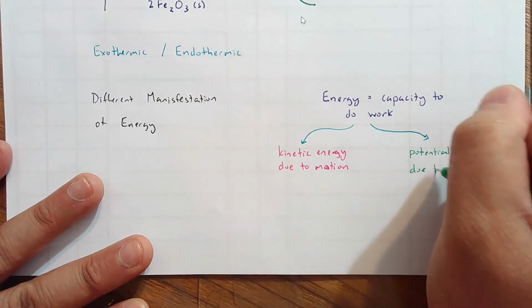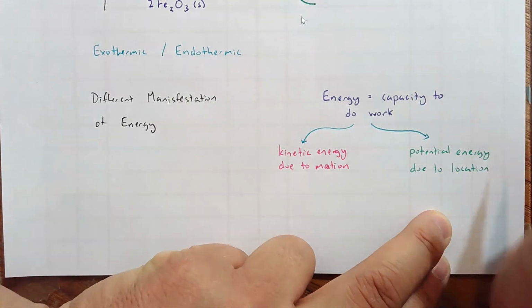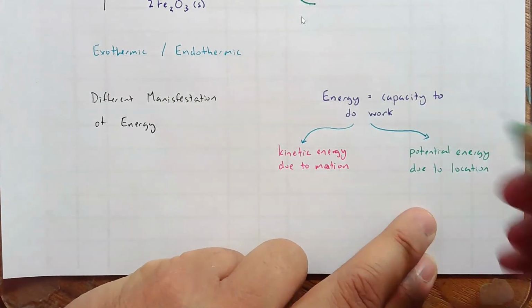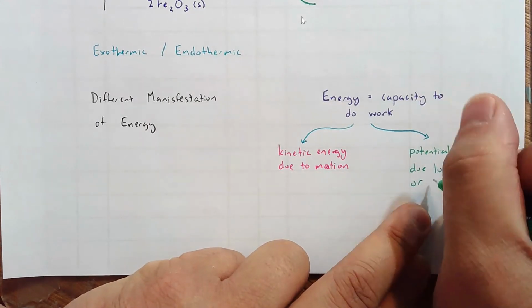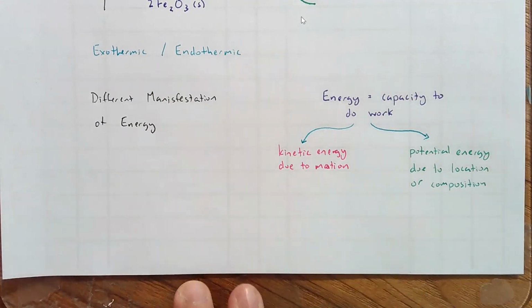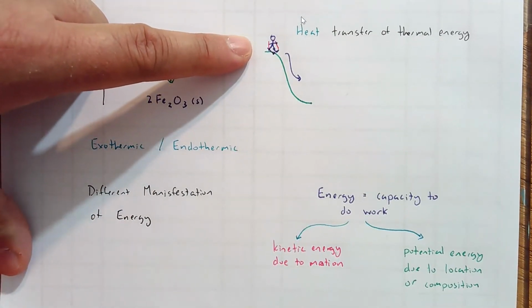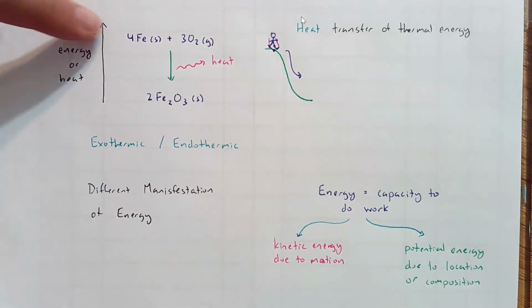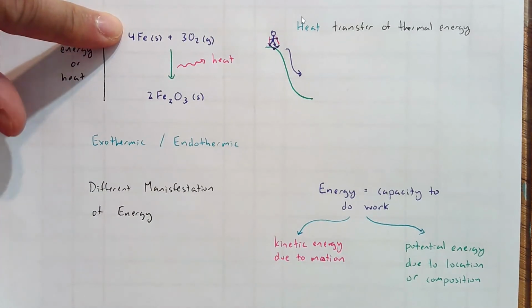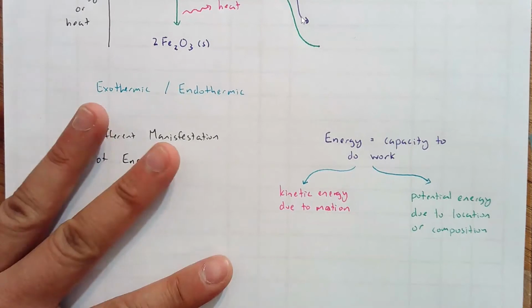It's due to, let's say, location or position or composition. For instance, the skier has a lot of potential energy due to its location. These chemicals have a lot of potential energy because of their composition, and when they mix, they release heat.